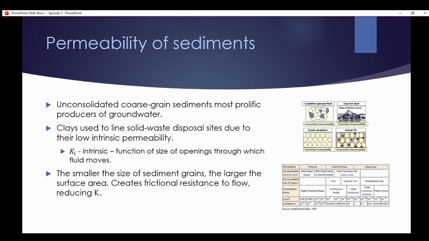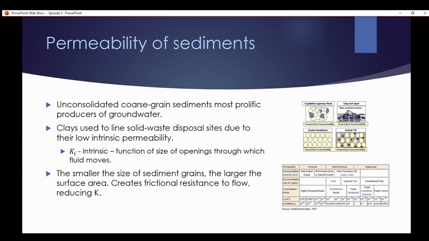I mean, it's still not great, but it's better than the vertical, which is almost impossible because of the way the clay flakes are deposited, and especially once they become a shale and undergo diagenesis, they're compacted. The pore spaces become even smaller.